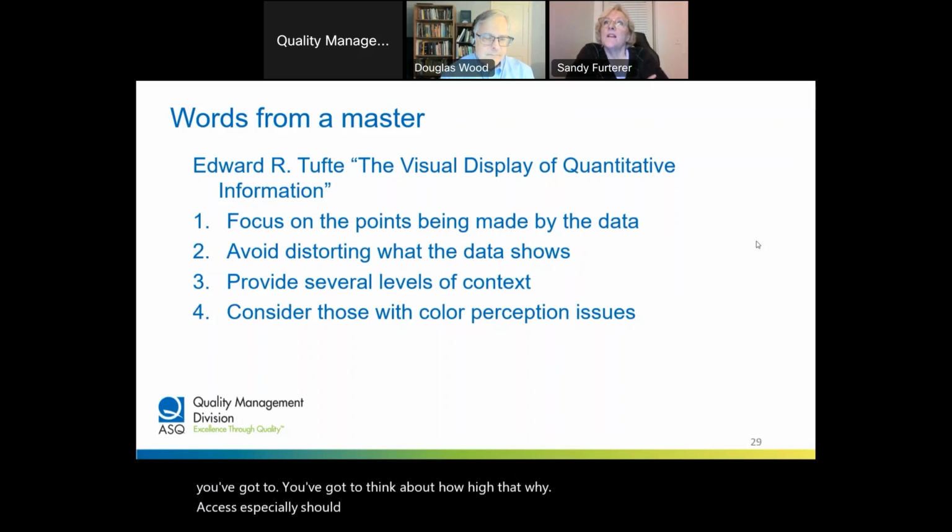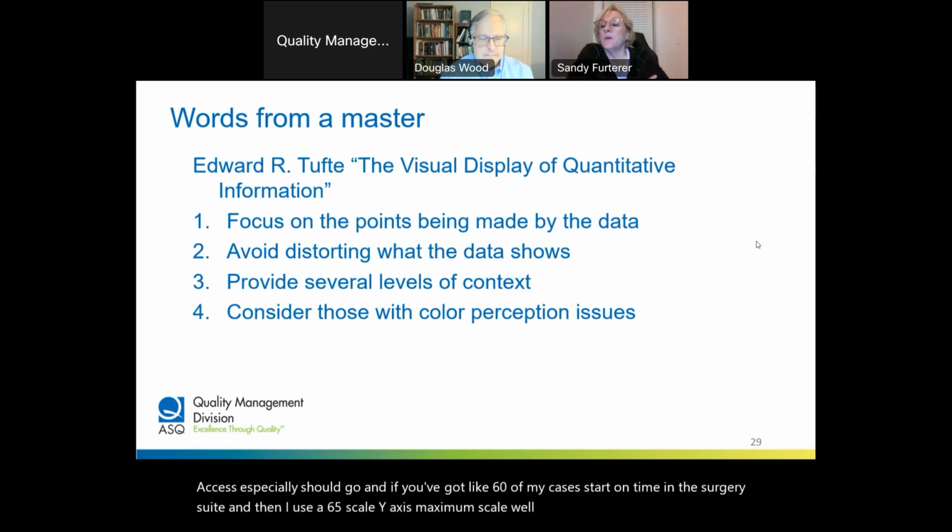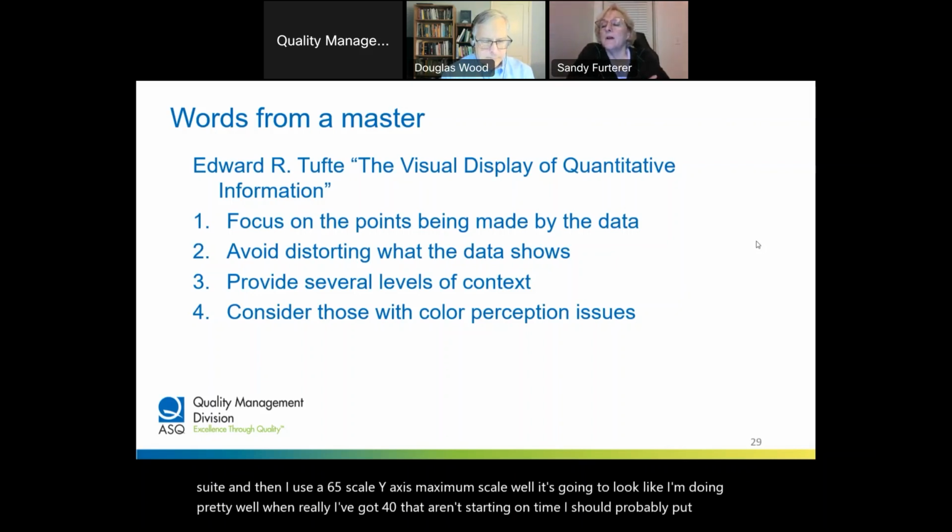If 60% of my cases start on time in the surgery suite, and then I use a 65% y-axis maximum scale, well, it's going to look like I'm doing pretty well, when really I've got 40% that aren't starting on time. I should probably put my axis up at 100%.